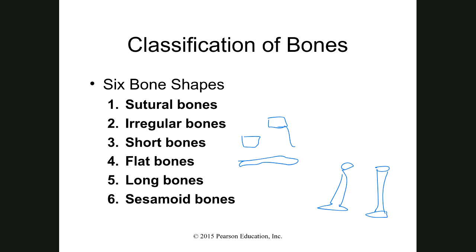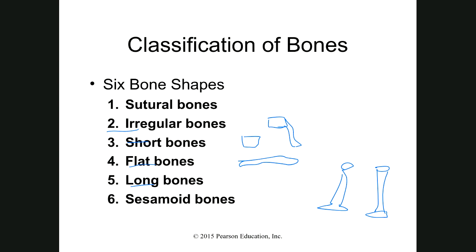This is a spinous process. It's very long. That is your thoracic vertebrae, for example. So most people consider these the four classes of bone.